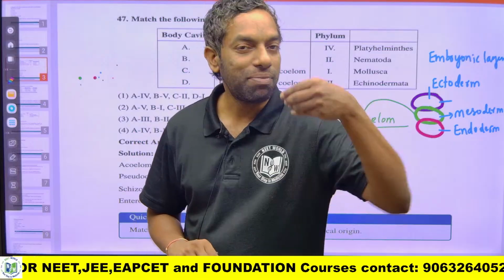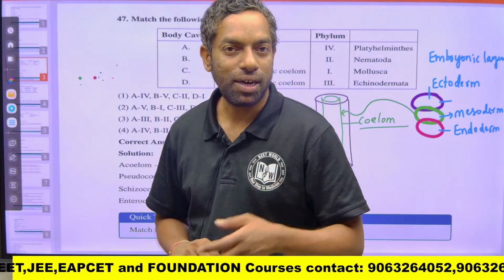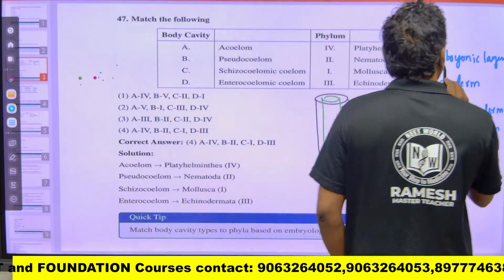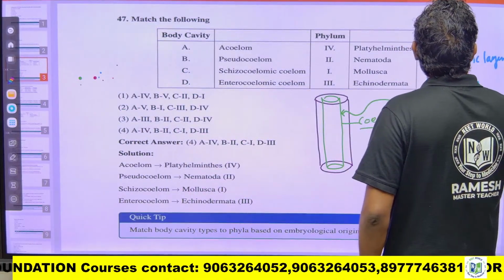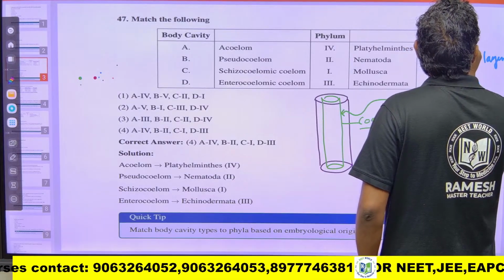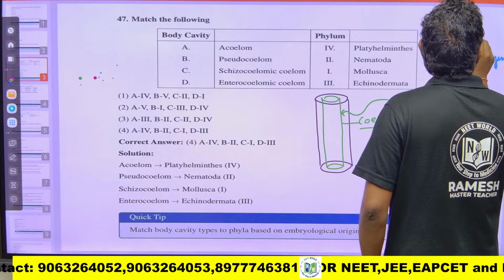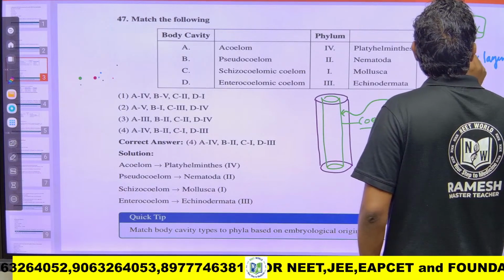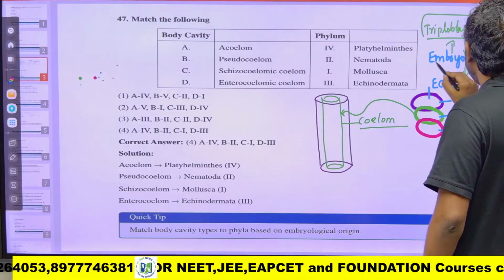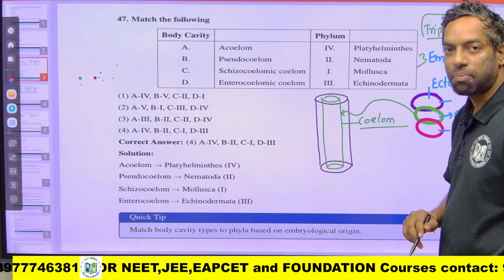But which phyla first started the triploblastic condition? Triploblastic means 3 germ layers. Triploblastic animals contain these 3 embryonic germ layers.